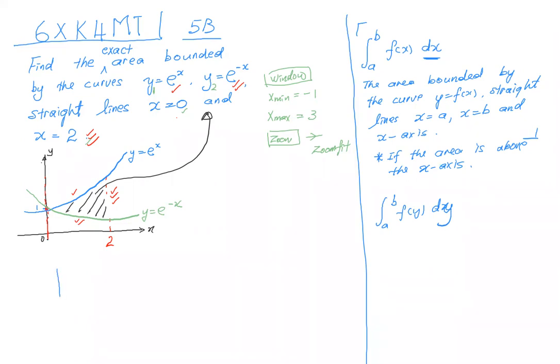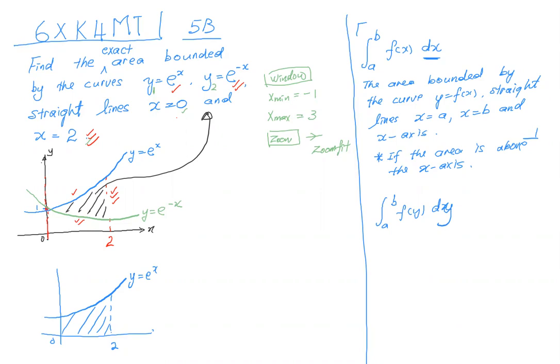So now I draw the blue one. This is the blue one, y equal to e to the power x. And here is the 2. Can you find this area? Yes. But I want the black one.